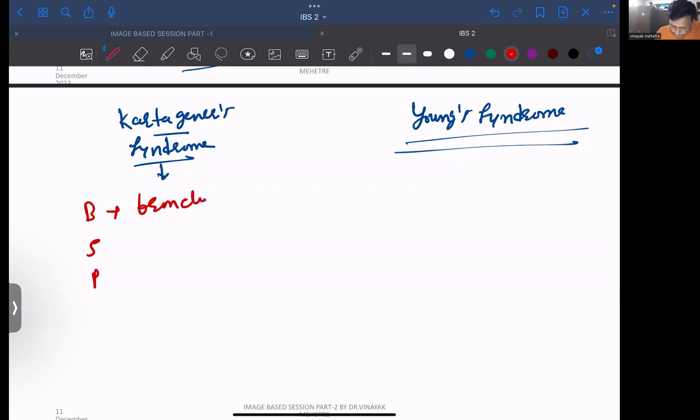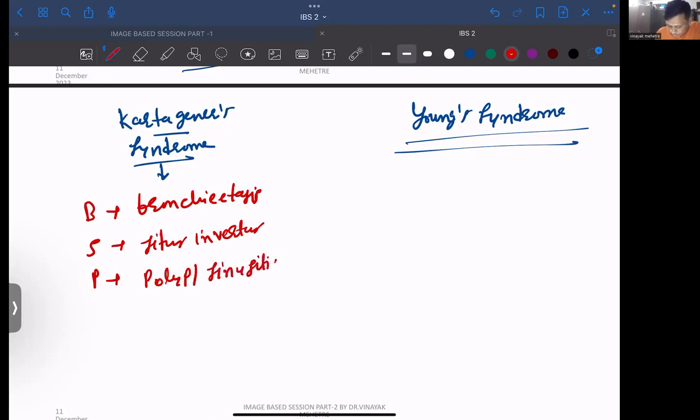Bronchiectasis, situs inversus and polyp or sinusitis, है ना? Rhinitis, sinusitis plus nasal polyps. This is the classical triad of Kartagener syndrome.